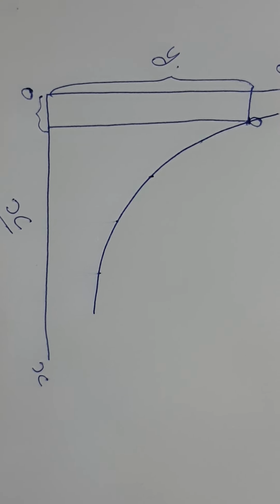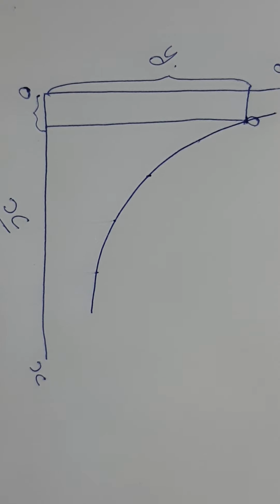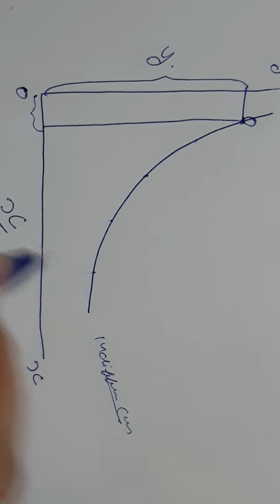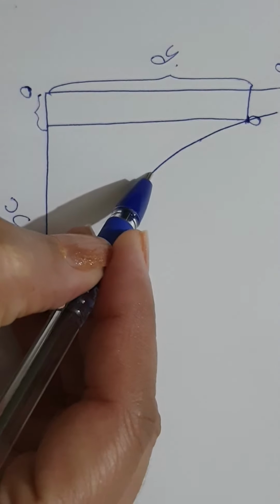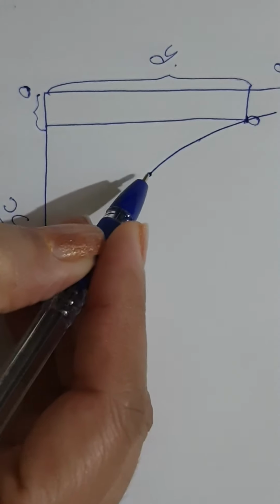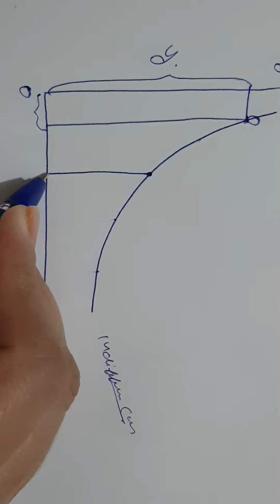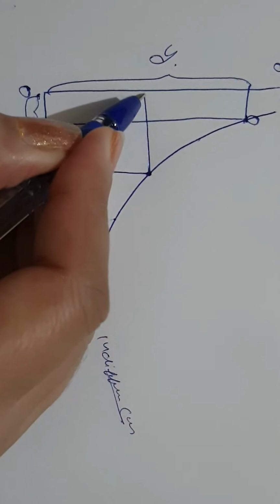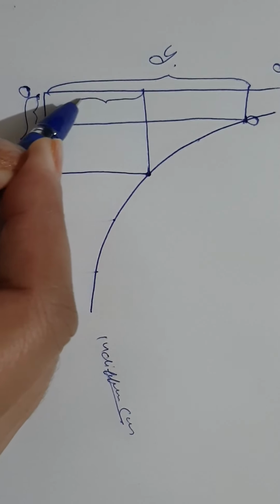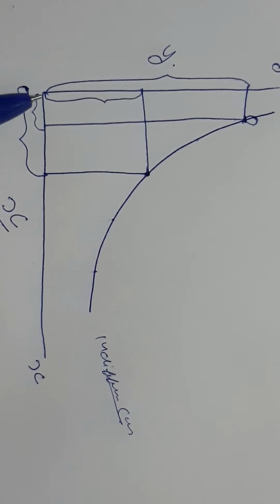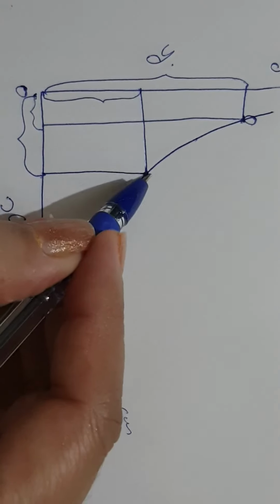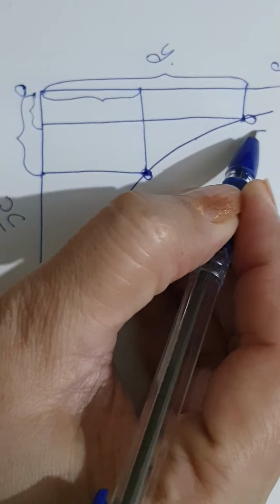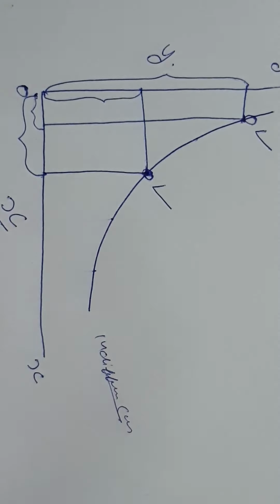Now we will compare this point with another point on the same curve. By the way, this is the indifference curve. We are taking one more point over here. This point also shows this much of X and this much of Y, and the satisfaction we were getting from this point and from this point are equal.